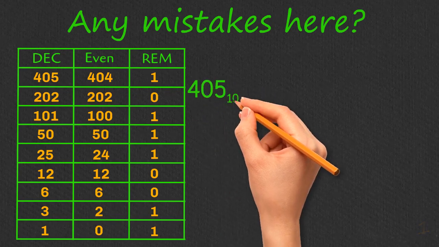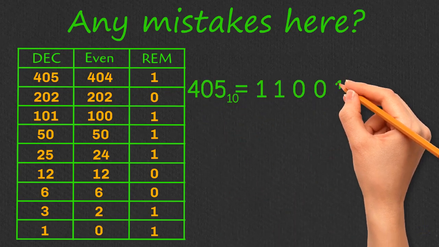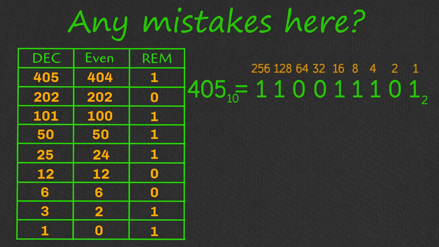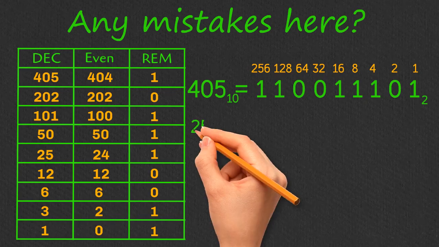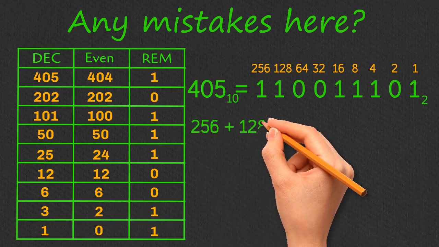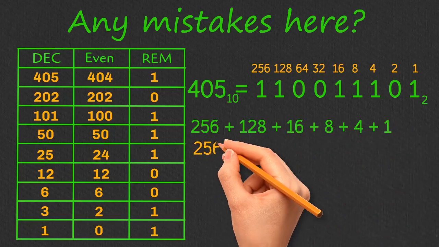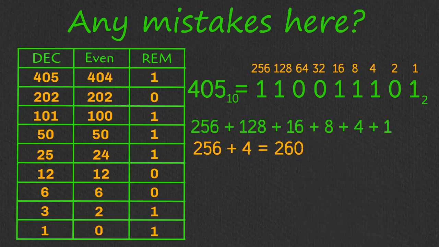First, we want to check whether the conversion is correct or not, so we quickly convert the binary back to decimal. The place values are 1, 2, 4, 8, 16, 32, 64, 128 and 256. Out of these, we used 256 plus 128 plus 16 plus 8 plus 4 plus 1. 256 add 4 makes 260.